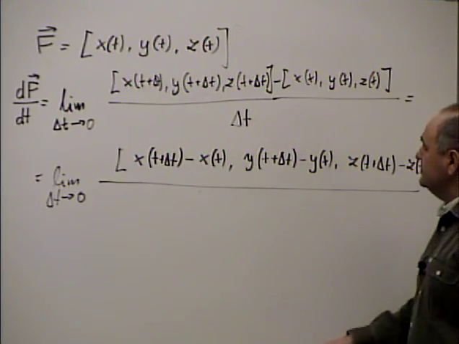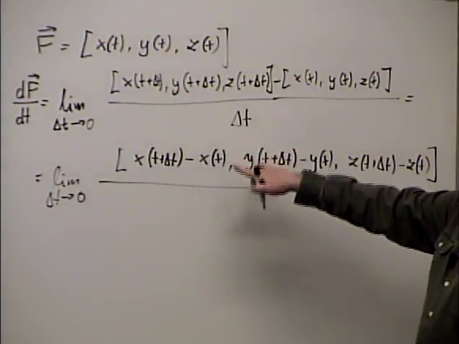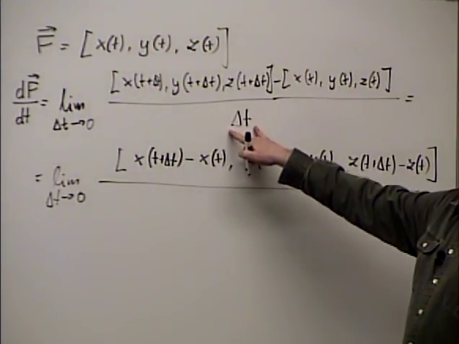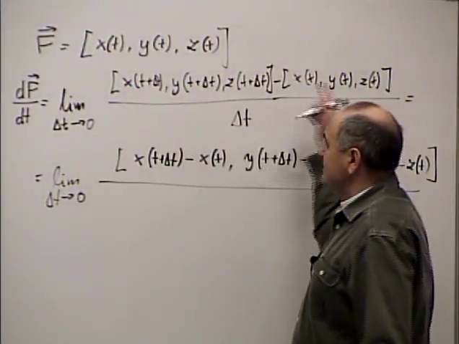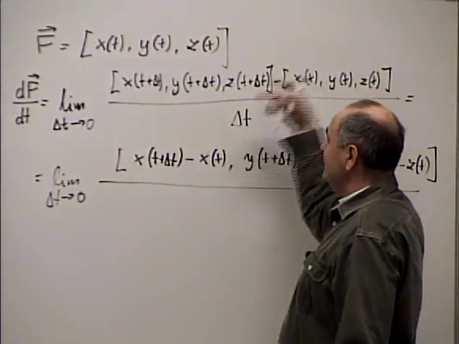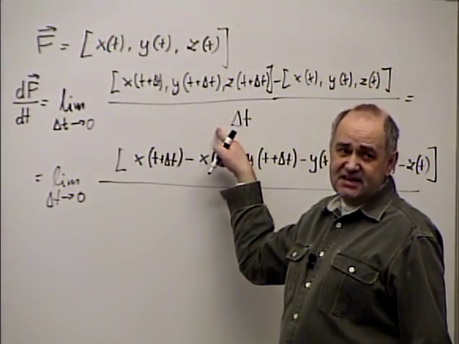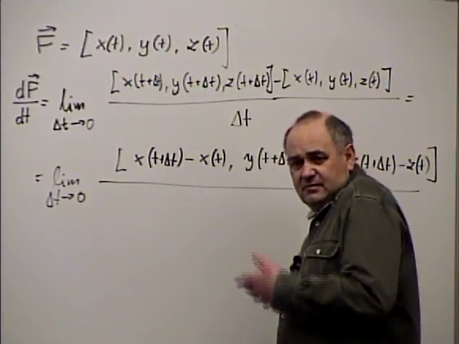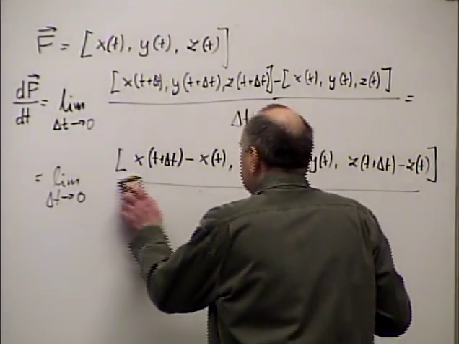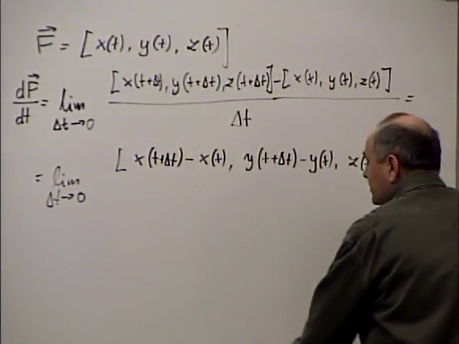And actually, I'll do one more thing. Since here I had to multiply this entire vector by the number 1 over delta t, I can perform this operation on each component.